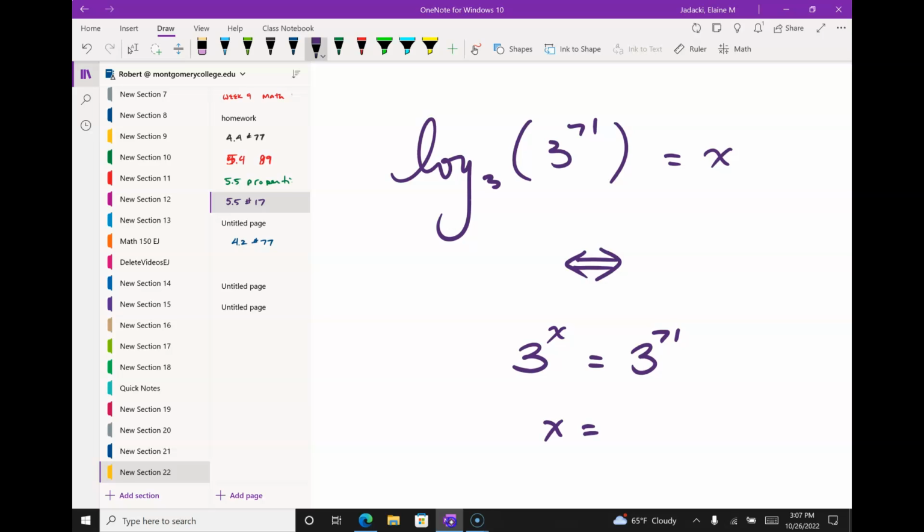It's obvious, right? I didn't need to do that. I can just use my new properties. If I'm composing inverse functions, everything falls away except for the argument. Log base 3 of x and 3 to the x are inverses. So log base 3 of 3 to the junk is just junk.